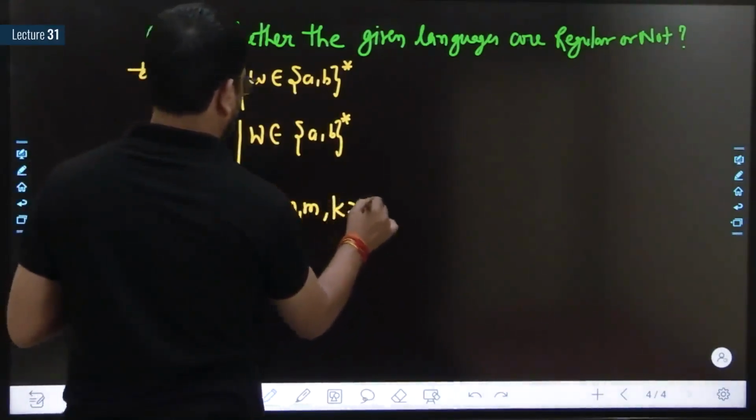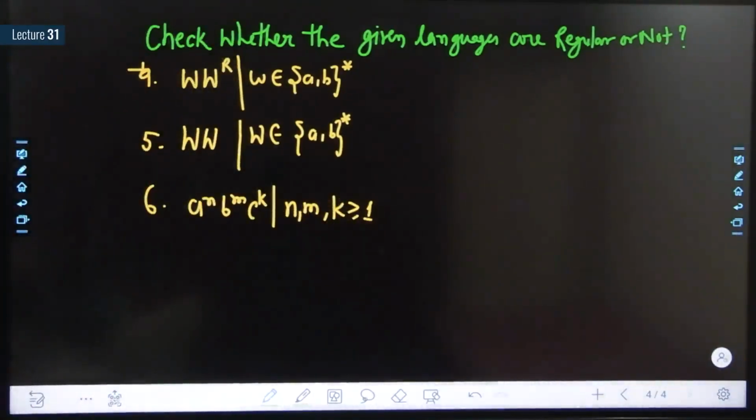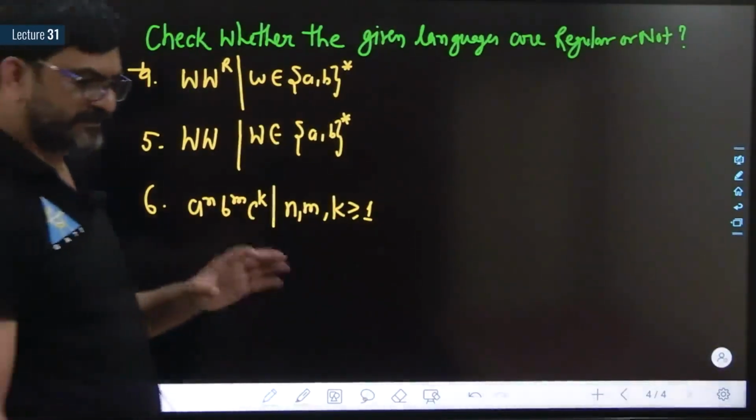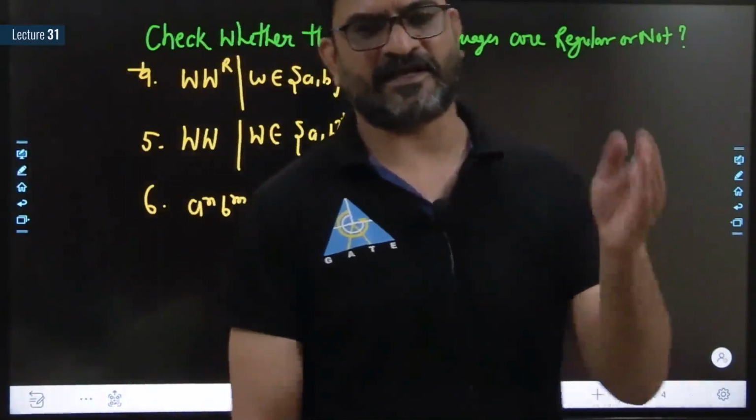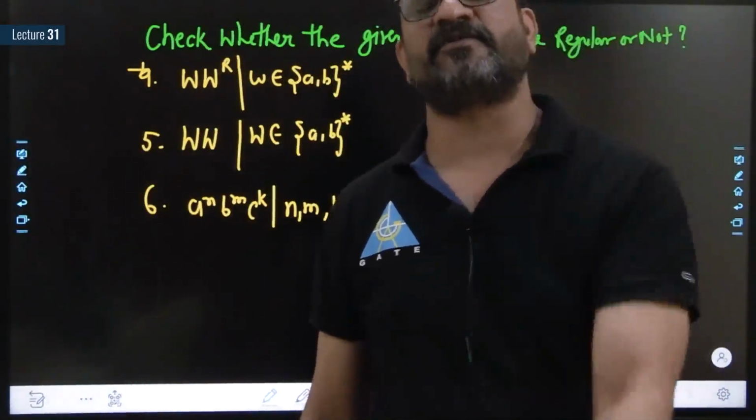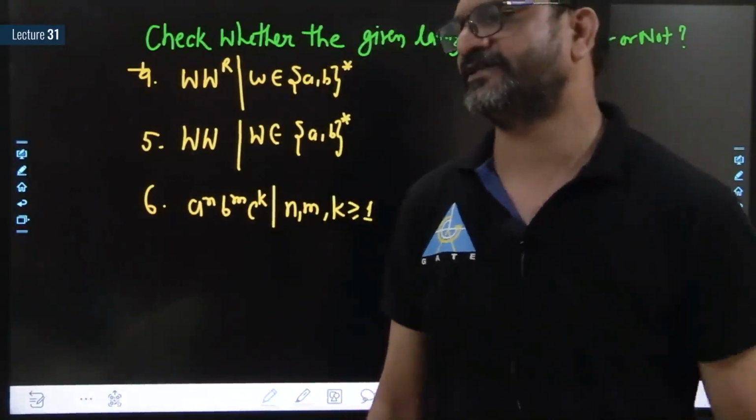K greater than or equal to 1. Please check whether these are regular or not. If a language is regular, then we can also write the regular expression for that language.